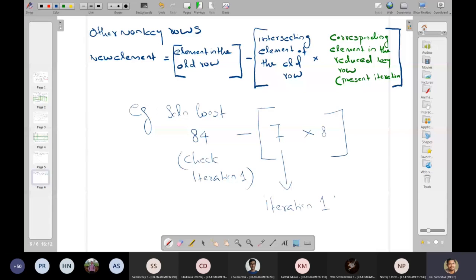So iteration 1. This is the key column element, and 8 is the present iteration corresponding element.